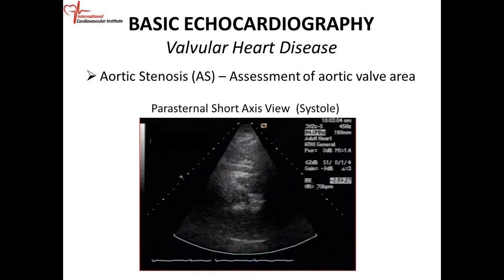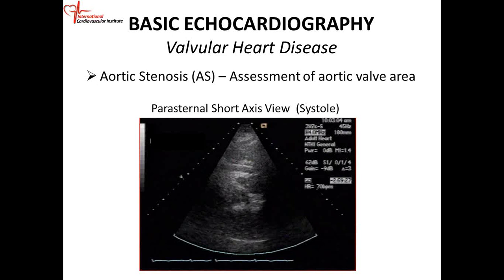So in the short axis view, you look at the aortic valve. Important in the short axis view, you need to see the aortic valve open. You need to look at the opening.